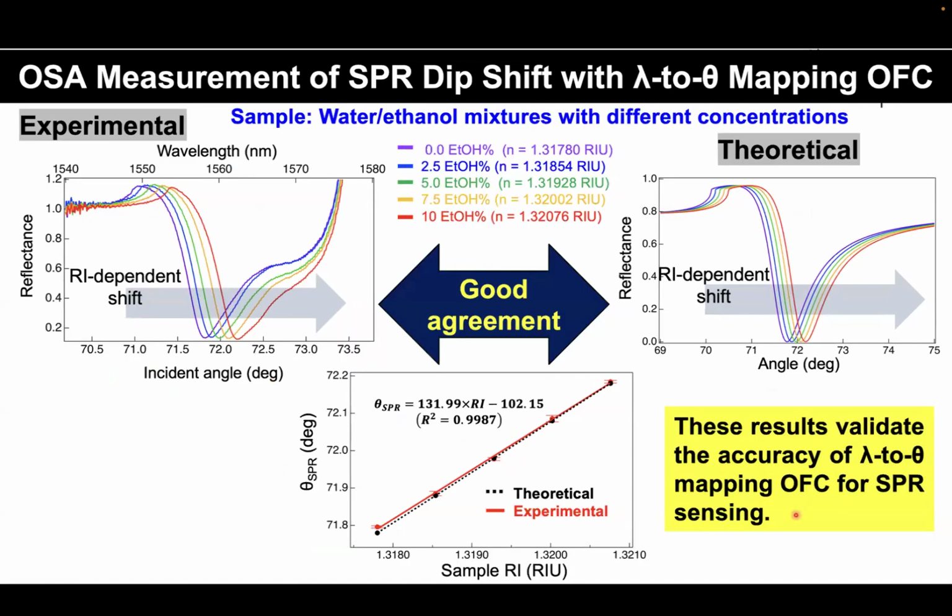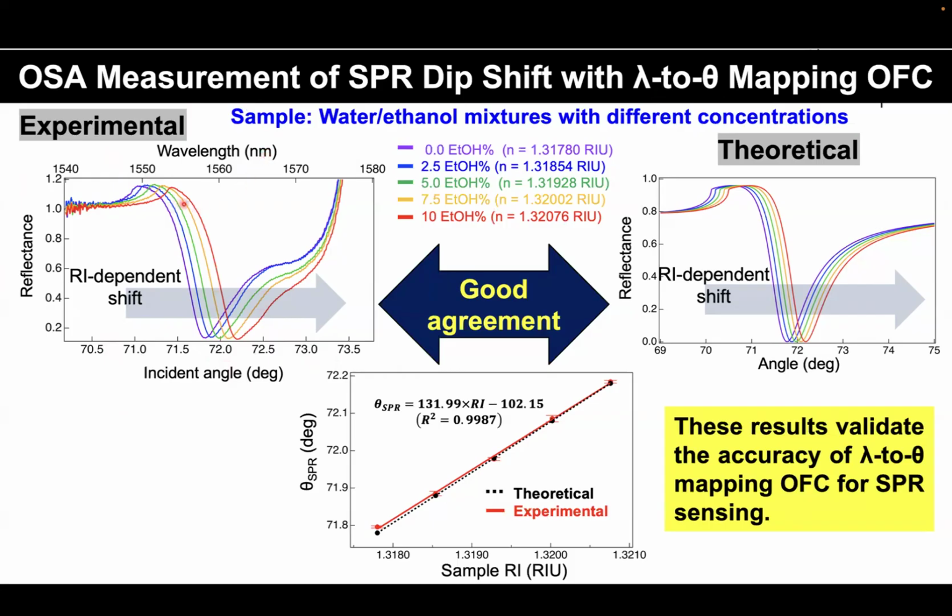Before performing the dual-comb spectroscopy, we use an optical spectrum analyzer to check the SPR dip and its RI-dependent shift with the lambda to theta mapping OFC. The top left shows the experimental result of the reflectance spectrum with respect to the incident angle and corresponding wavelengths.